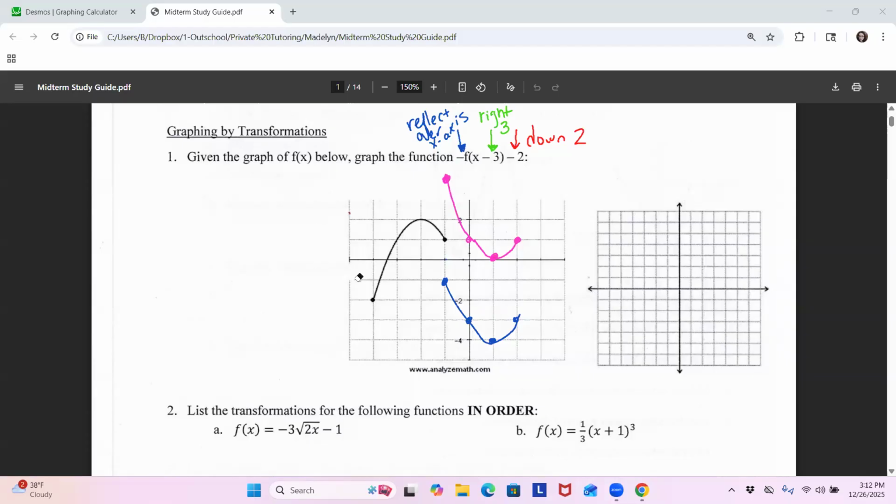I'm seeing conflicting information. I'm seeing one thing that says do the shifting first, and I'm seeing another that says do the reflecting first.